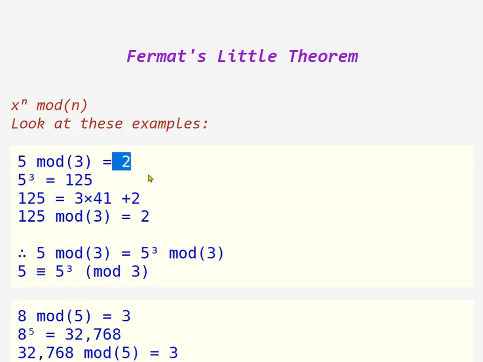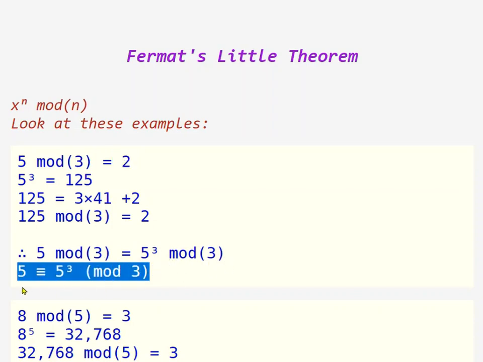The remainder is 2. 5 to the power 3 is 125. Now that's 3 times something plus 2. So the remainder, when you divide it by 3, is 2. 125 mod 3, therefore, is 2. So 5 mod 3 is equal to 5 cubed mod 3. And this is how you write it: 5 is congruent to 5 cubed mod 3.